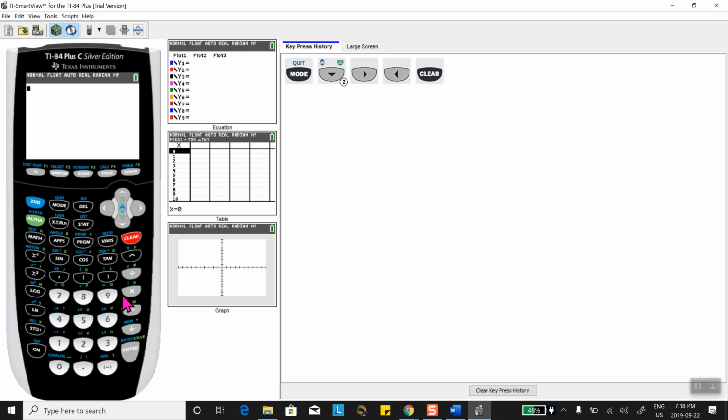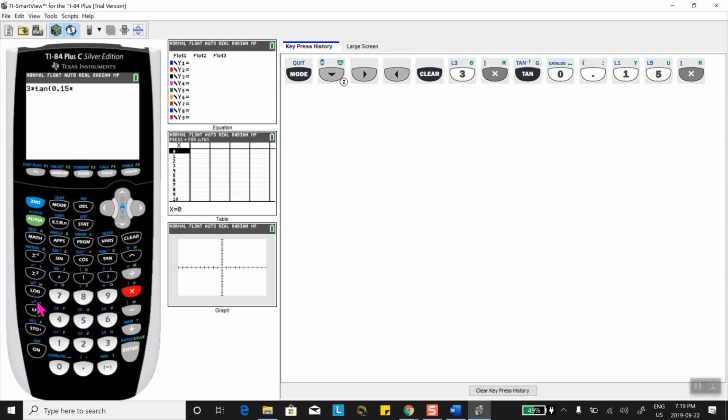So I type 3 times tangent, there is a tangent here, tangent of parentheses, 0.15 times pi.